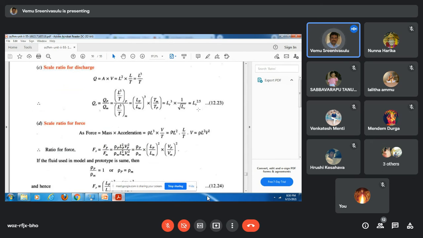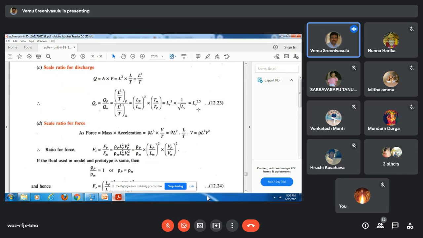And third, if you want to construct the model in the laboratory, these dimensionless numbers, the Mach number, Reynolds number, Weber number, and Froude number, are used. Based on these dimensionless numbers, we will construct the model. For geometric similarity, the ratio should be the same.